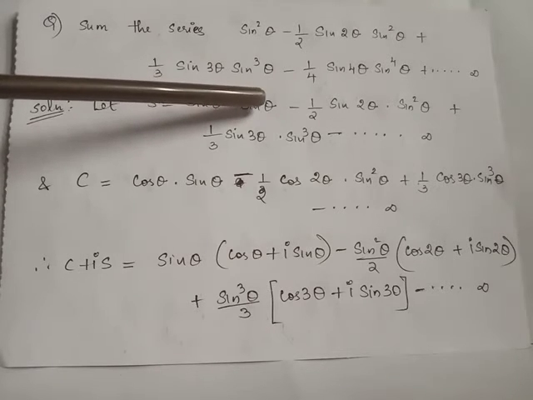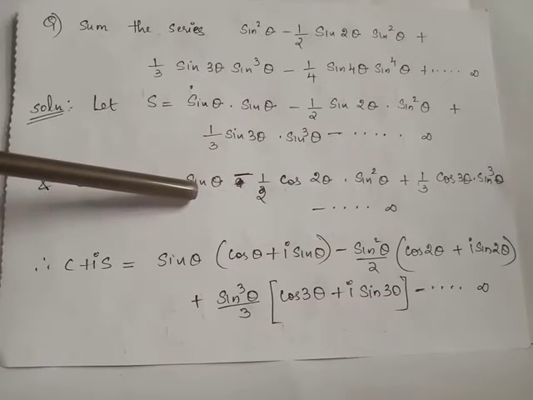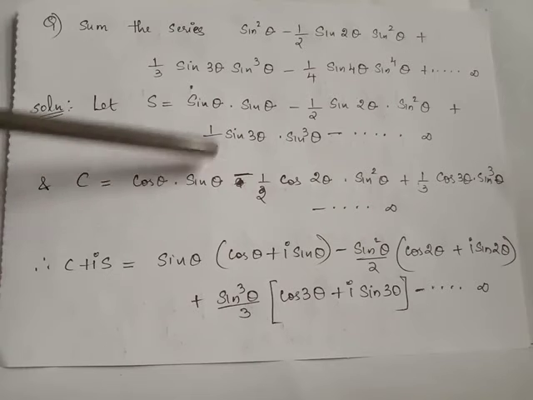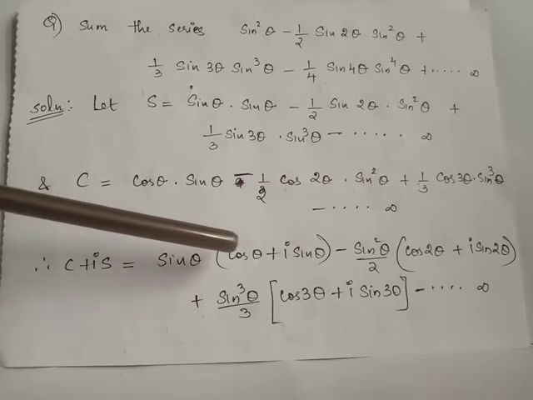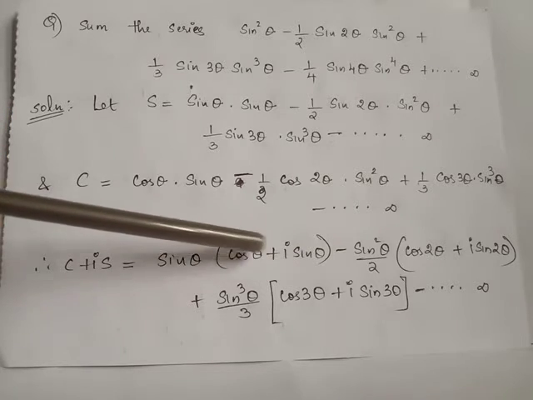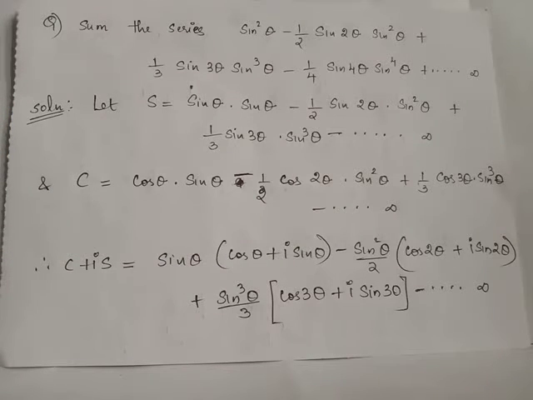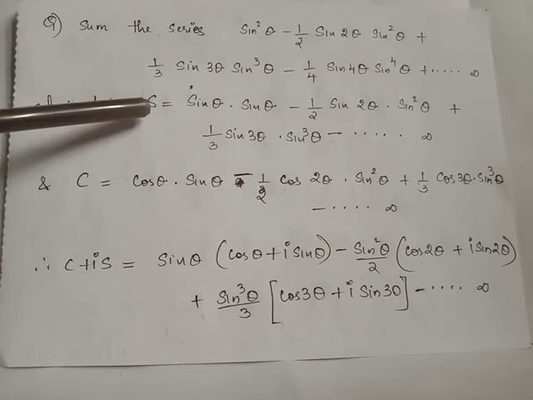The factor sin θ is not changed because we take sin θ common outside from these two similar terms, in order to replace cos θ + i sin θ by e^(iθ).